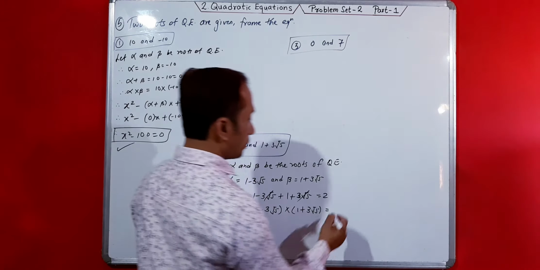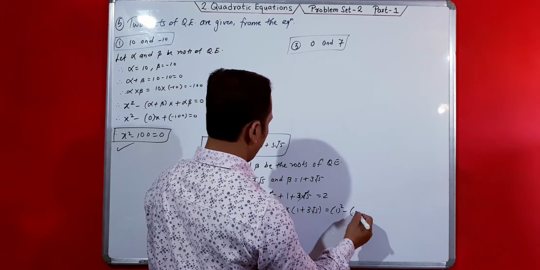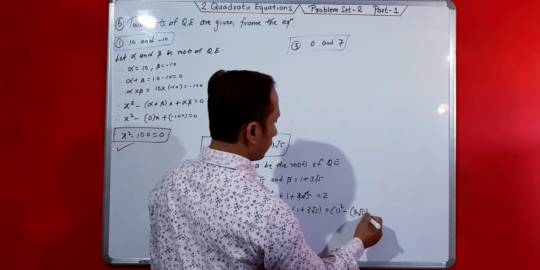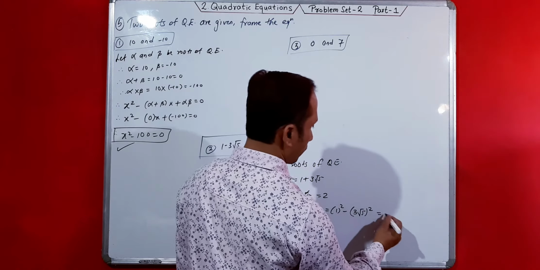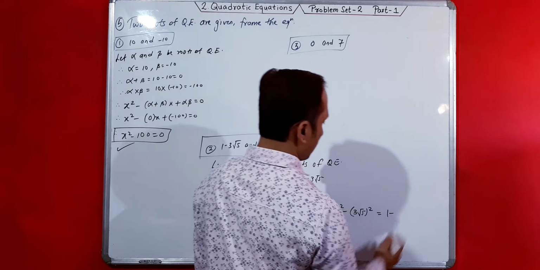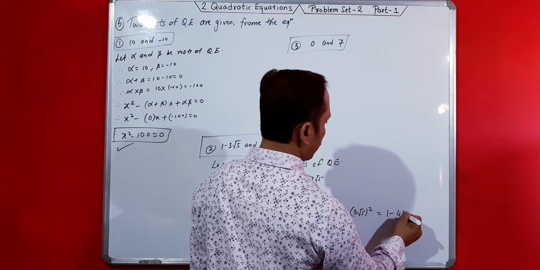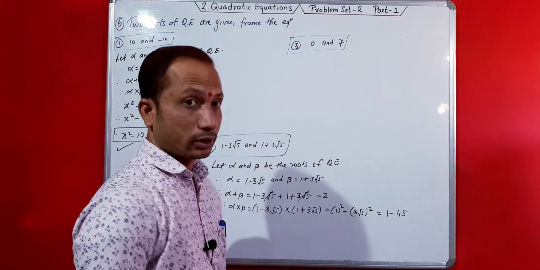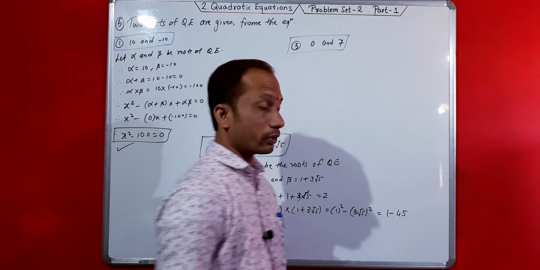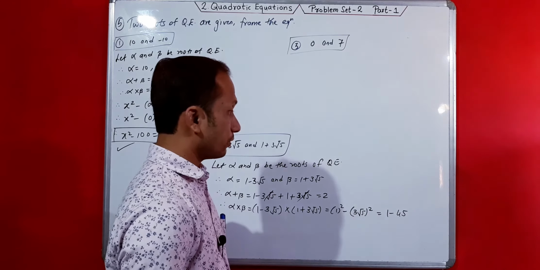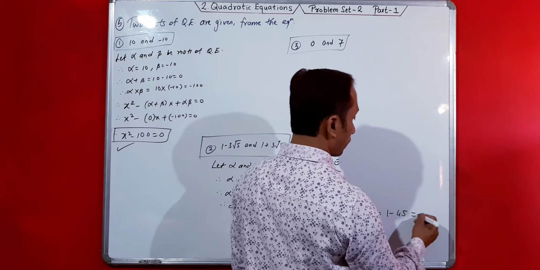So it is 1 square minus (3 root 5) square. You know the a square minus b square formula. So you'll get 1 minus, this 3 square is 9 and root 5 square is 5 only, so it is 45. So it is minus 44.